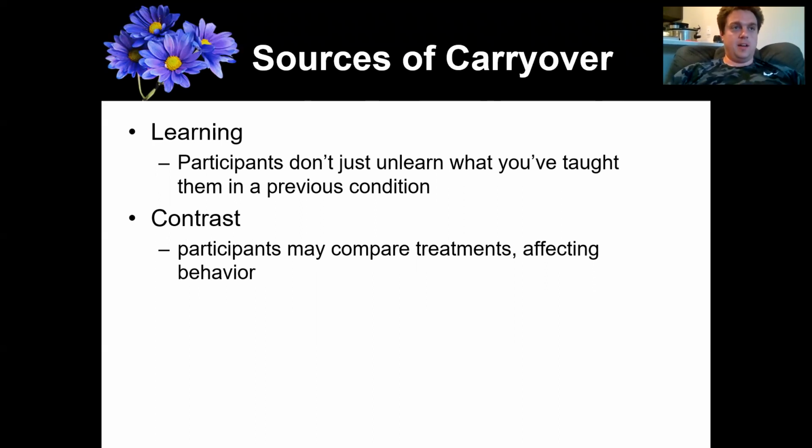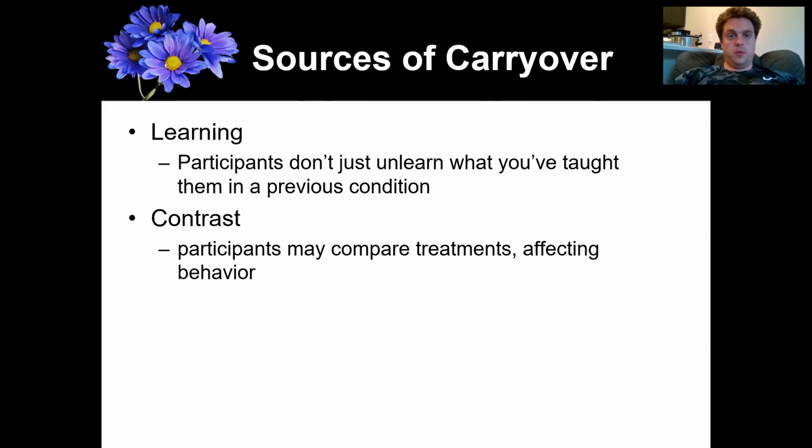If you taste something bad and then you taste something good, the contrast between them might really make the good tasting thing taste even better than it would normally, right? Than if you just had the good tasting thing with nothing coming before it. So that's an example. Learning and contrast can both be issues and sources of carryover.